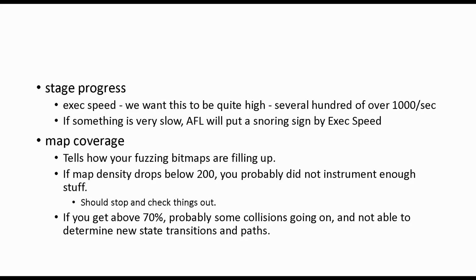If it's a very huge, massive, non-lightweight program, it just may not be that fast, and you just may need to deal with it. The map coverage will let you know how your fuzzer's bitmaps are filling up. If you're getting really serious about that, then you need to be aware of things like this.